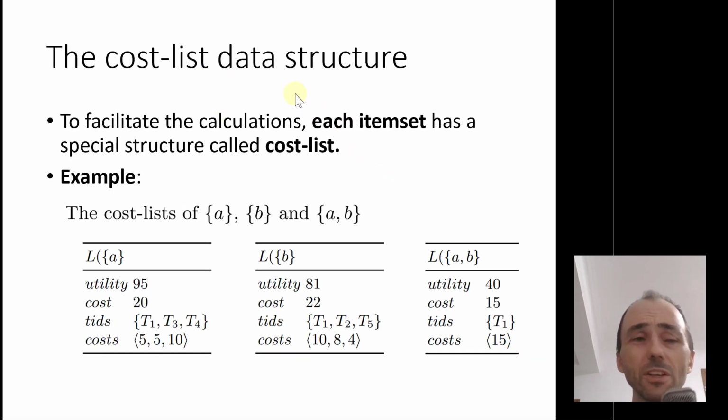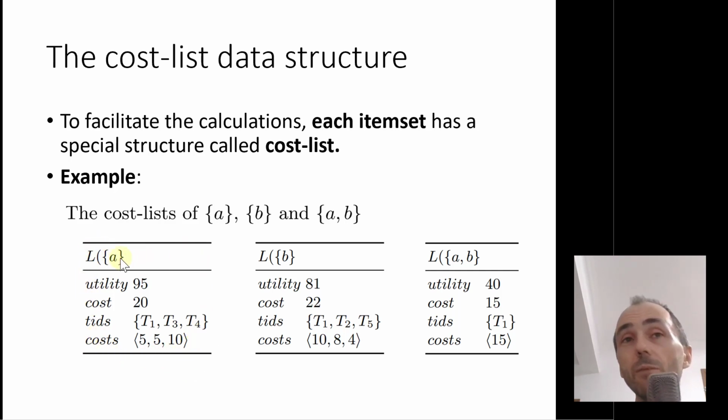Now also in this algorithm, we will use a special data structure we call the cost list data structure. I will just explain the main idea. We have some item sets like A, B, or AB. For each item set that the algorithm will consider in the search space, we build a table like this.